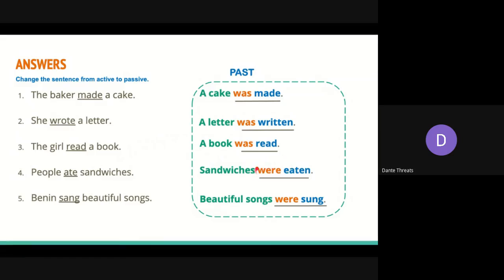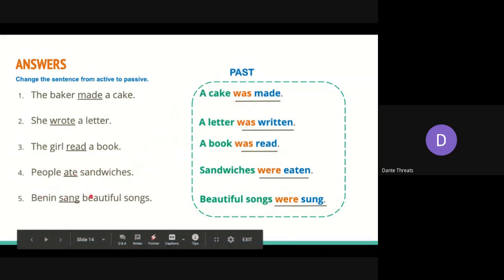In this sentence, why did we add were? Because sandwiches is plural, yes. And then we change the verb to the participle, yes. Okay.